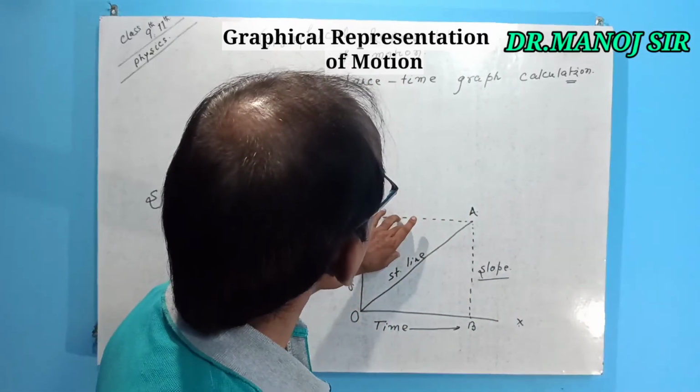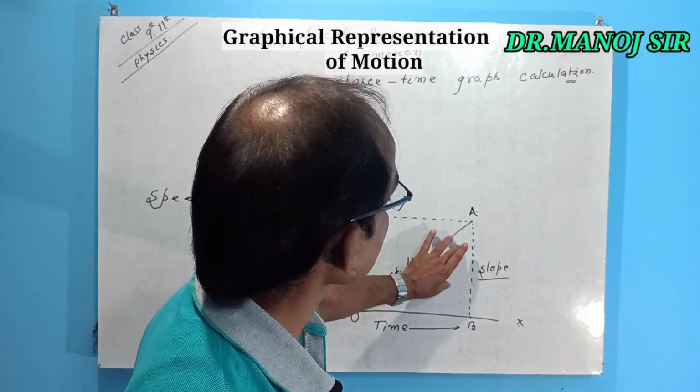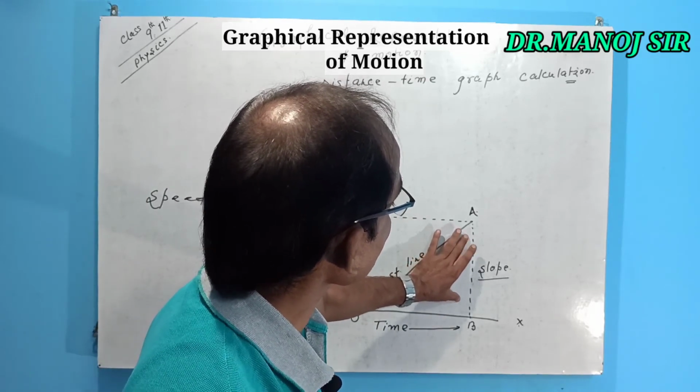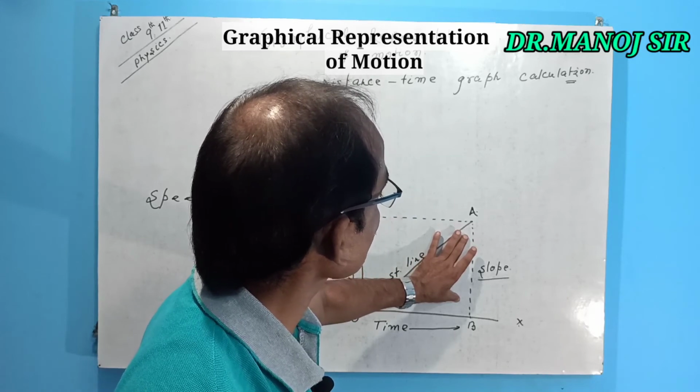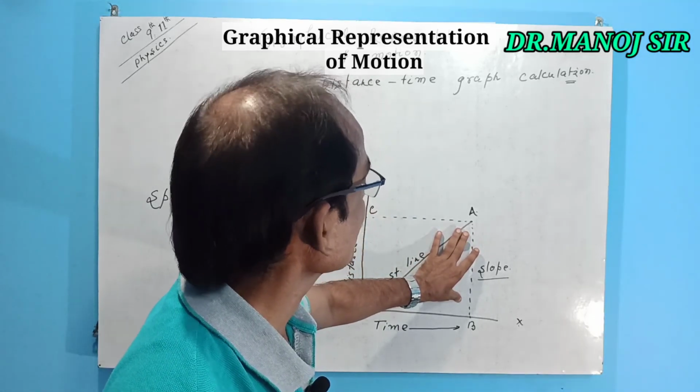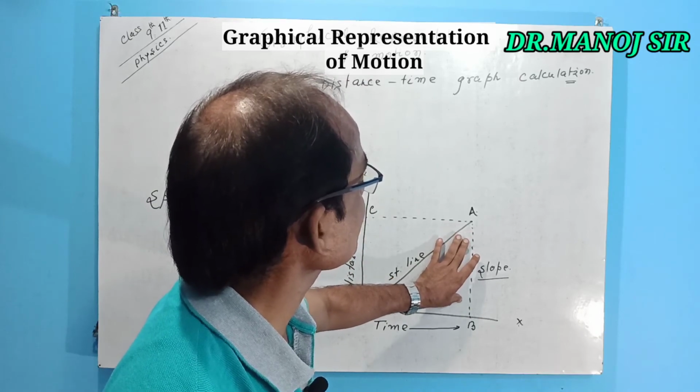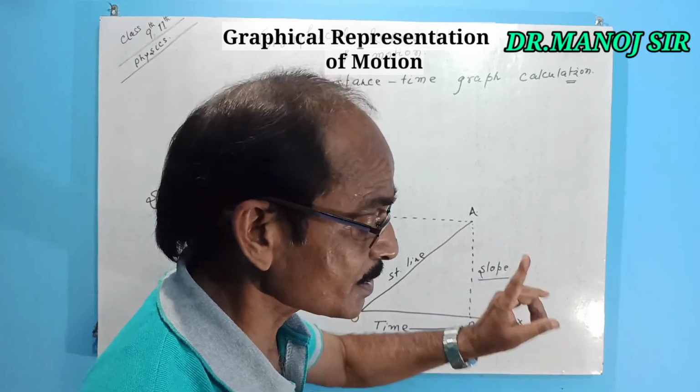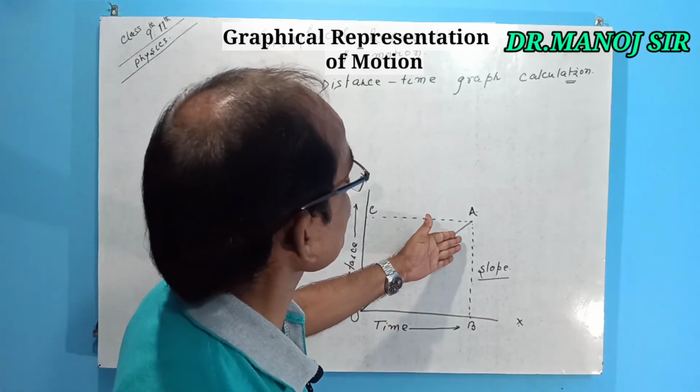Here AB is the travel distance or travel displacement, because the speed of any body is said to be velocity.